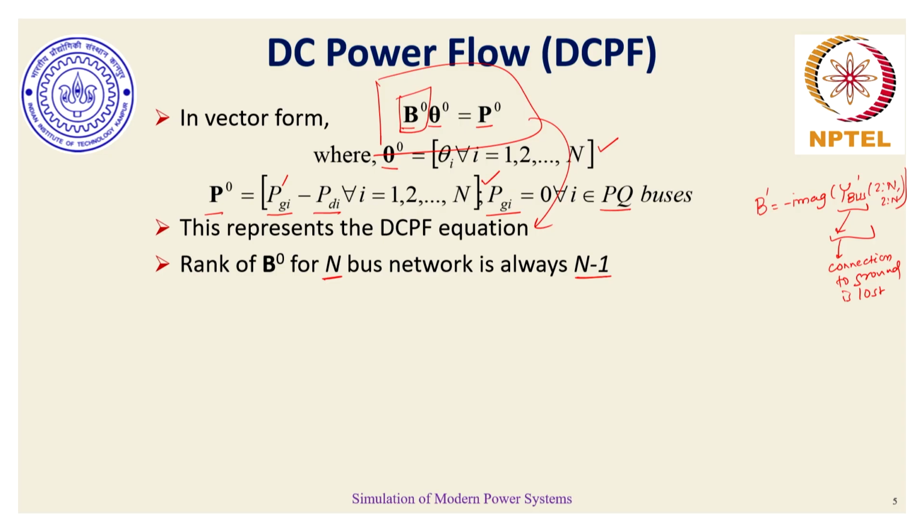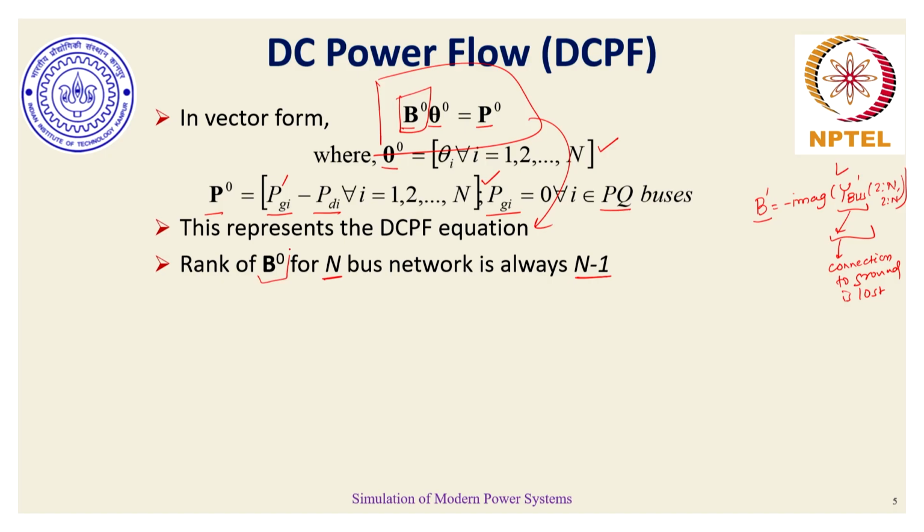All buses or nodes are floating with respect to ground, which is why Y bus dash, the way we evaluated it for the example we chose for Newton-Raphson power flow in polar coordinates, was a singular matrix and its inverse was not possible. That is the reason why B dash, if obtained as the imaginary part of Y bus, will also be a singular matrix.